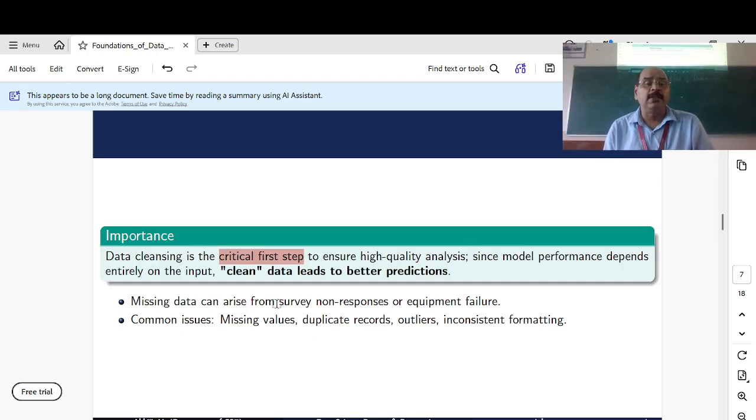Missing data can arise, so we need clean data that leads to better prediction. The points that I am highlighting here are the things that you can underline in your exams, which can help you fetch more marks.